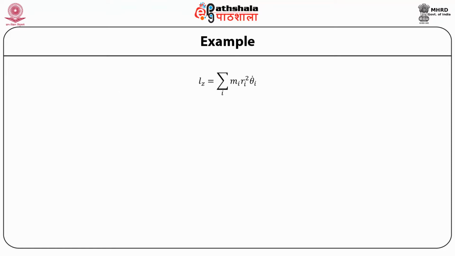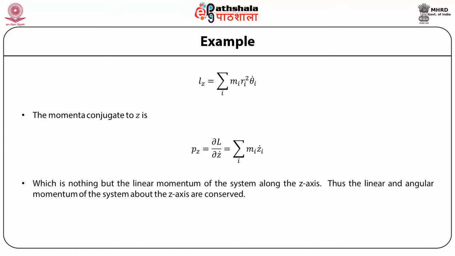So, for this Lagrangian, which is expressed in terms of cylindrical coordinates moving in the force field whose potential does not depend on the coordinates theta and z but only depends on r, the angular momentum about the z-axis of the system can be expressed as L_z = Σ m_i r_i² θ̇_i, and the momentum conjugate to z, that is p_z = ∂L/∂ż, is m_i ż_i, which is nothing but the linear momentum of the system along the z-axis.